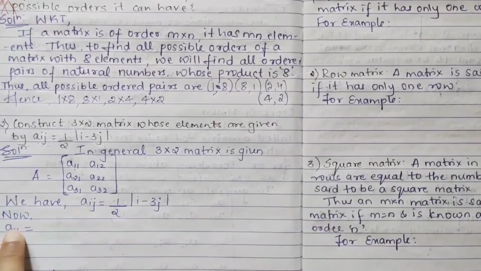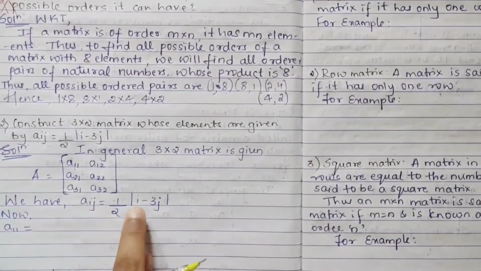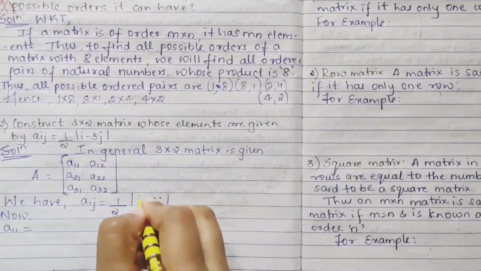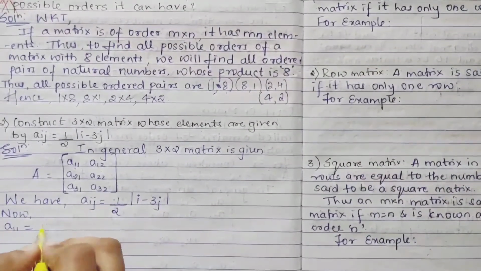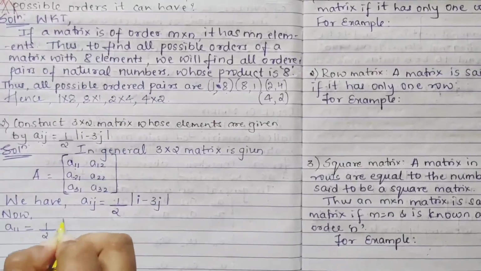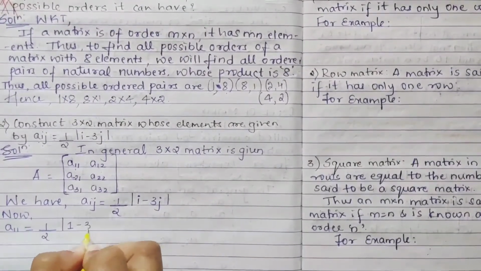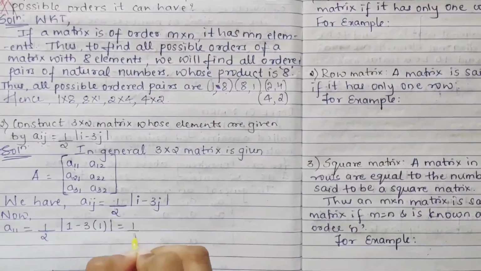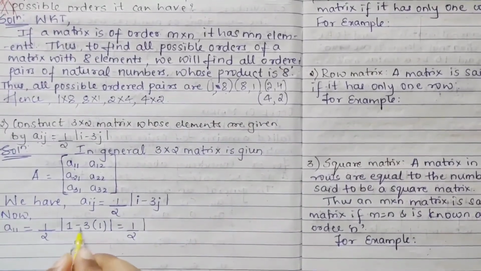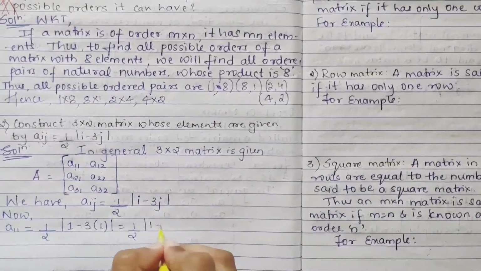First we will find the A11 element. For A11, in place of I it is 1, in place of j it is 1. So wherever I is, you put 1, wherever j is, you also put 1. So half modulus of 1 minus 3 into 1. So it will be 1 by 2 modulus of 1 minus 3 into 1, and 3 into 1 is 3, right?